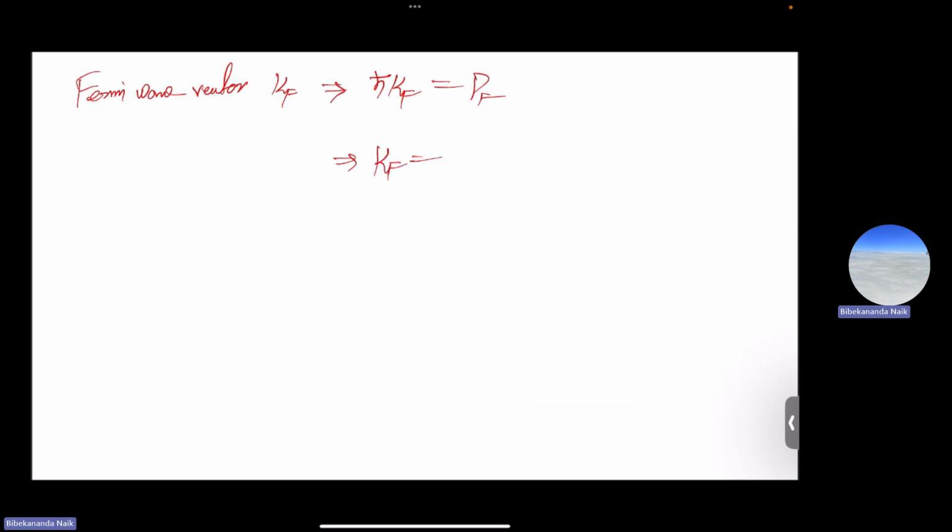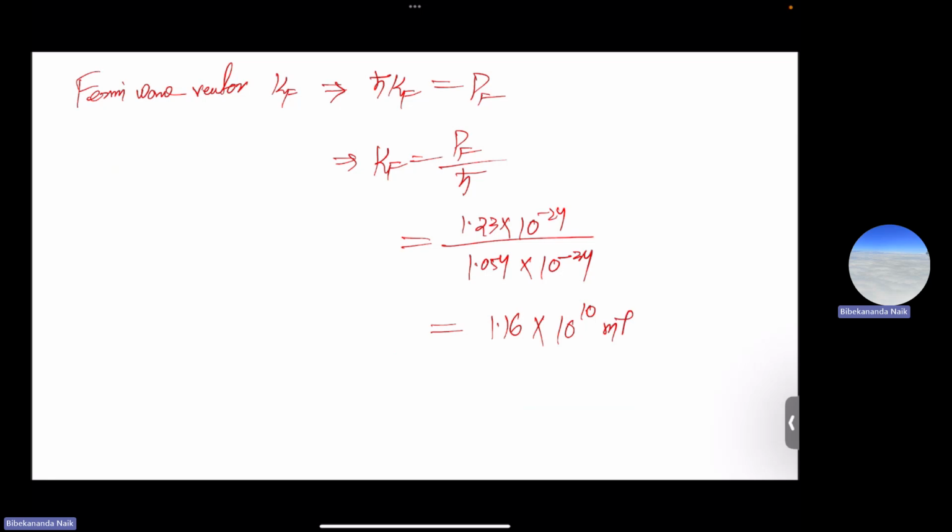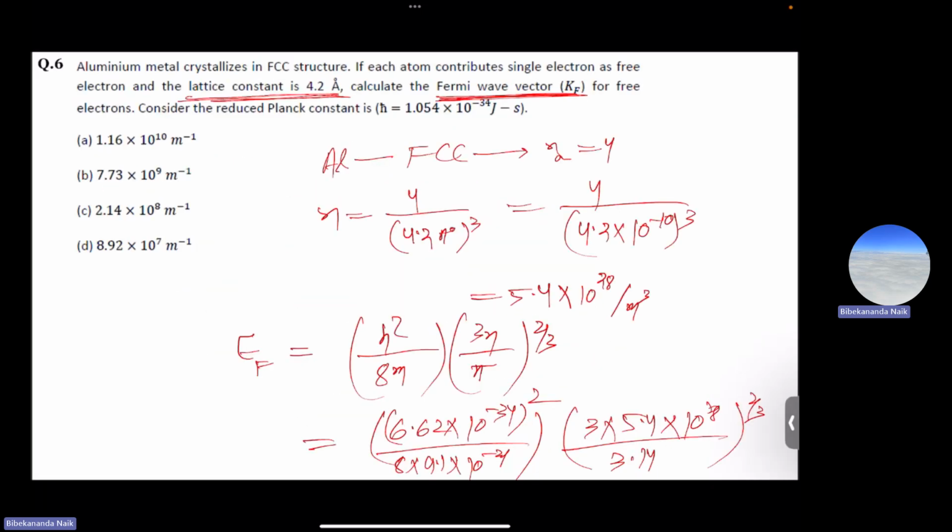That implies kf will be Pf by h cross, which is 1.23 into 10 to the power minus 24 divided by 1.054 into 10 to the power minus 34. It is 1.16 into 10 to the power 10 meter inverse. So the correct option is 1.16 into 10 to the power 10 meter inverse.